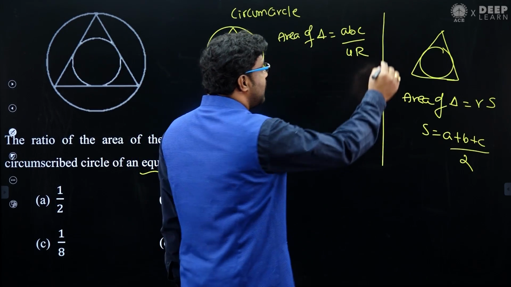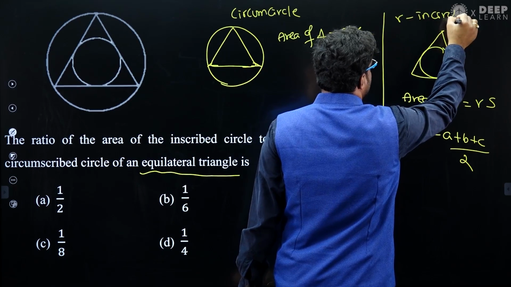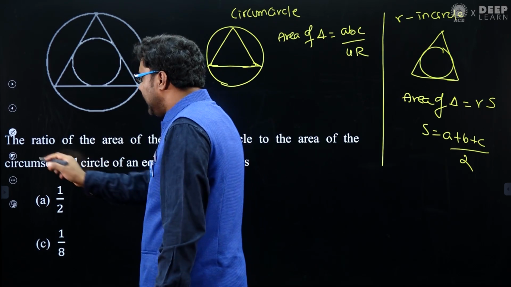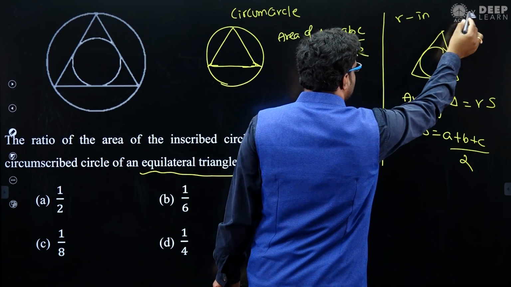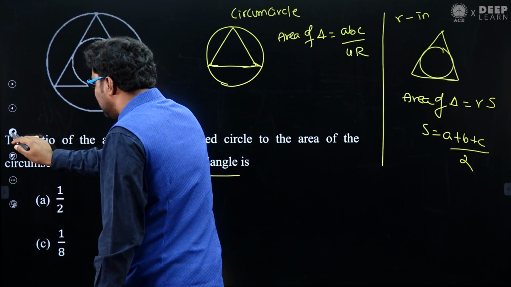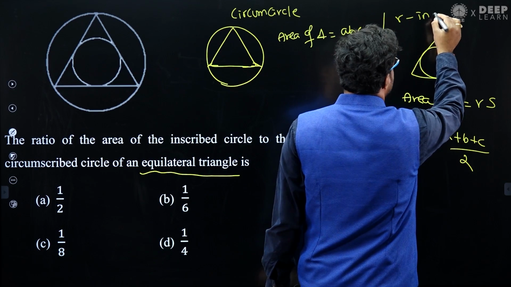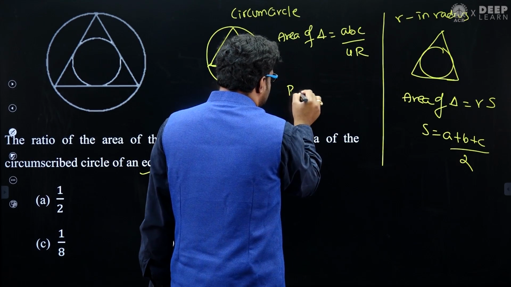Small r is the incircle radius, in short we can call it inradius. Capital R is the circumradius we can call.